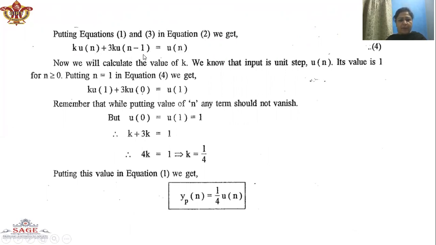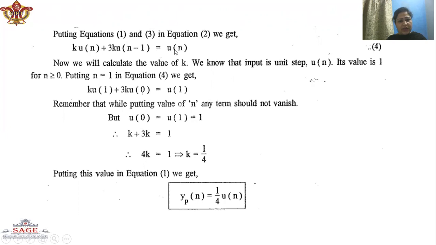Now I want to find the value of K. For finding the value of K, we will put a value of n so that none of the terms in this equation vanish. So if I put n = 0, I'll get u(-1). u(-1) is 0, so this second term will vanish. So I'll not put n = 0. I'll put n = 1, then K u(1) + 3K u(0) = u(1).